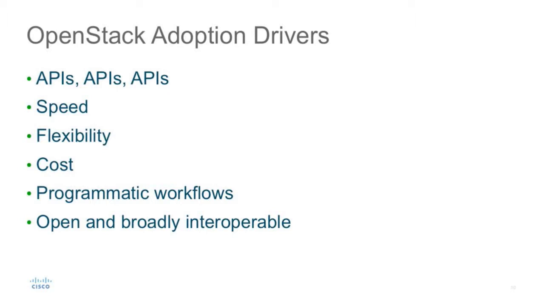The programmatic workflows, the fact that you can now essentially automate or programmatically do what used to take days, weeks, or months. That really saves a lot. And then the key thing, really it being open and broadly interoperable. In this conference, the OpenStack Summit, that's a good example of why it is so open and what we're doing to make it more broadly interoperable.